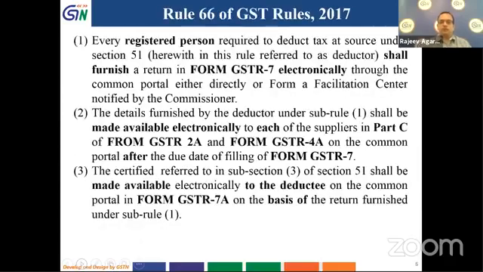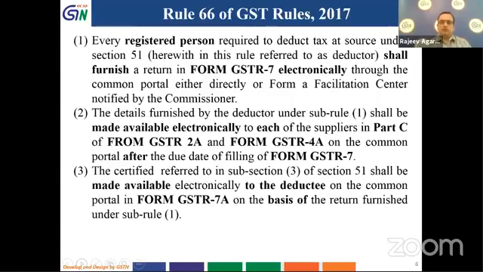Then Rule 66 of the GST rules governs the provisions. It says that Form GSTR 7 has to be furnished electronically. Then it also says that the details will be made available to the supplier in Part C of Form GSTR 2A and Form GSTR 4A on the common portal, for which a separate functionality is being developed because GSTR 2A has been deferred. We will see that later on.